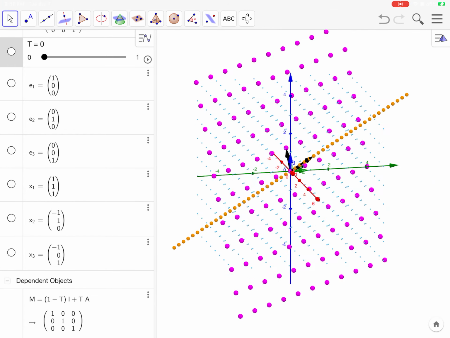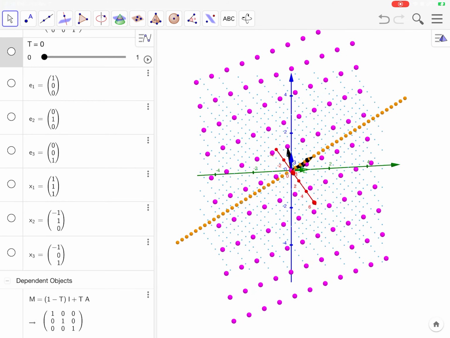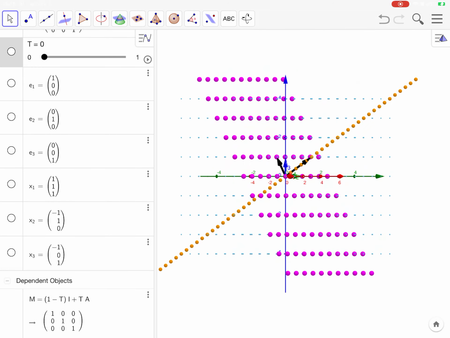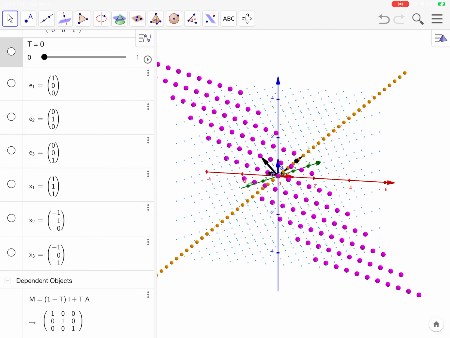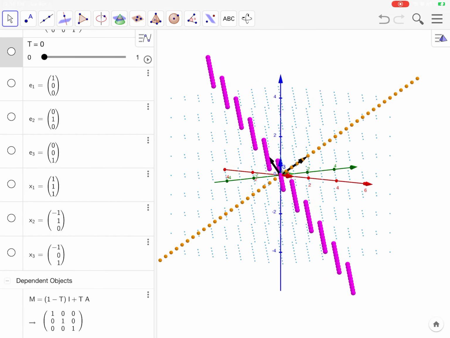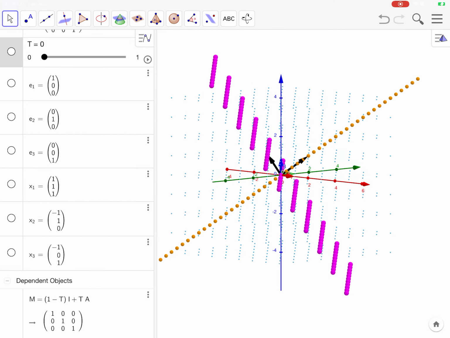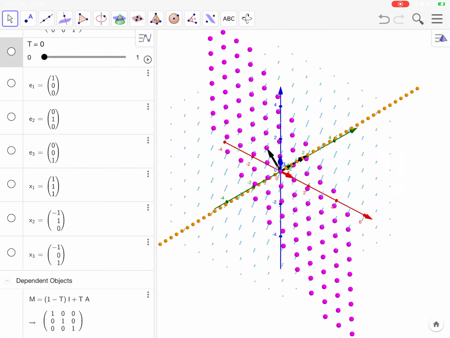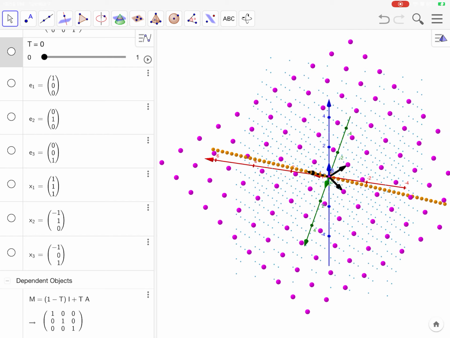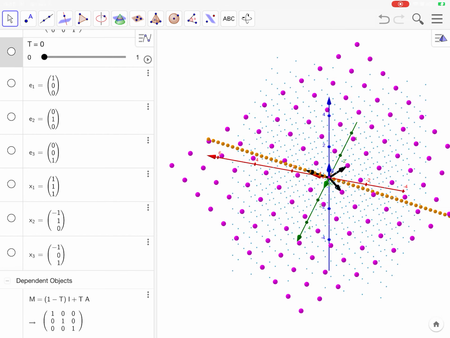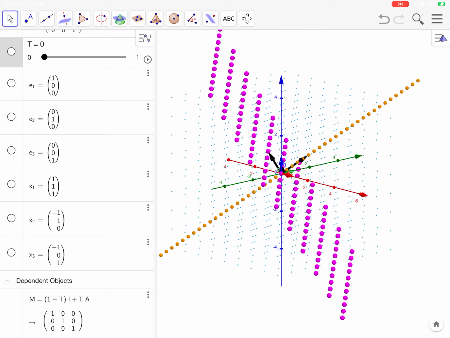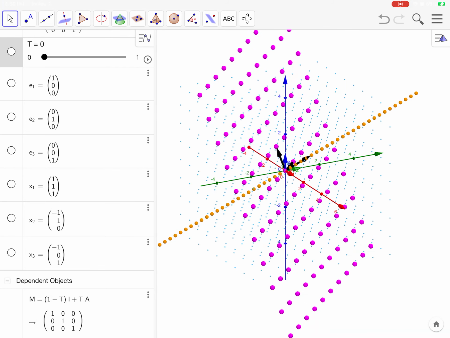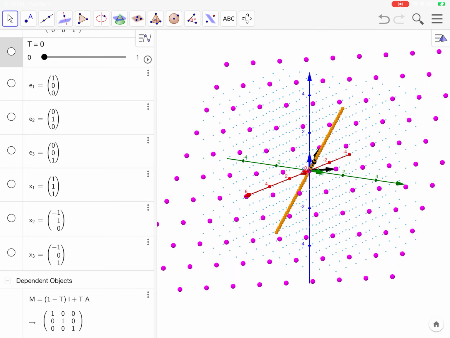I have one eigenspace corresponding to lambda equals 2 in orange. That's going to be that line. And when I play this transformation, you should watch that line, and that line will stretch out by a factor of 2. And then this plane of pink dots is the eigenspace determined by the eigenvectors corresponding to lambda equals -1, that repeated eigenvalue that we had.